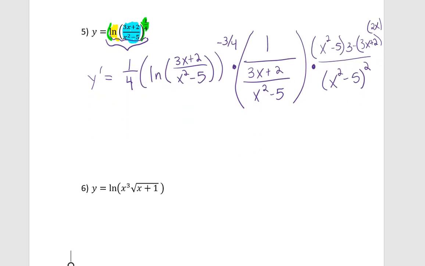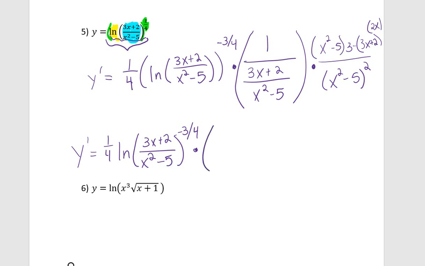Alright, let's go ahead and clean this up just a little bit because it looks super, super gross. So that's going to be 1/4 natural log of 3x plus 2 divided by x squared minus 5, to the negative 3/4, times. Now this guy, if you're dividing a fraction by a fraction, you can actually flip it upside down and it's going to be the same thing.